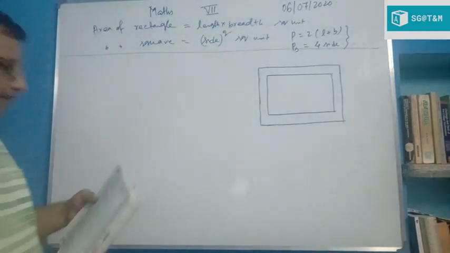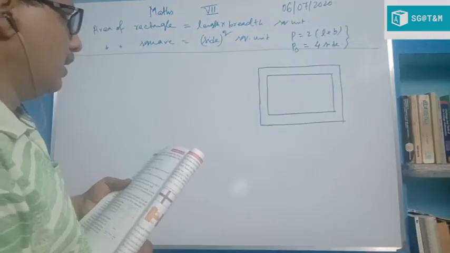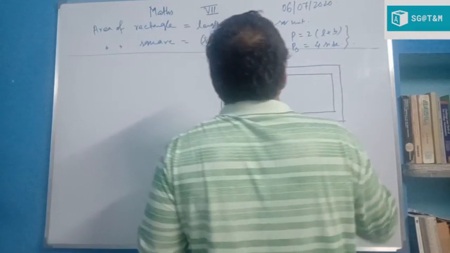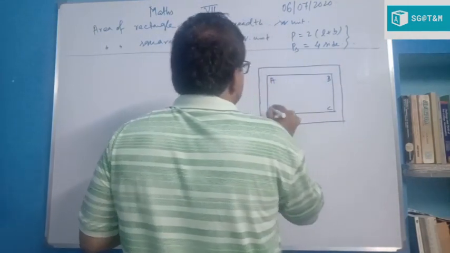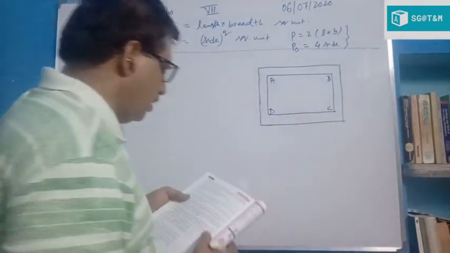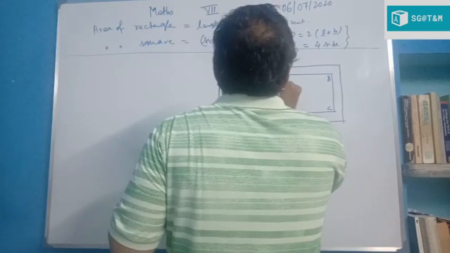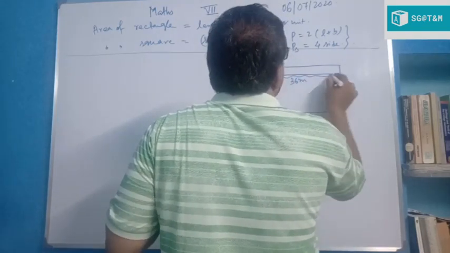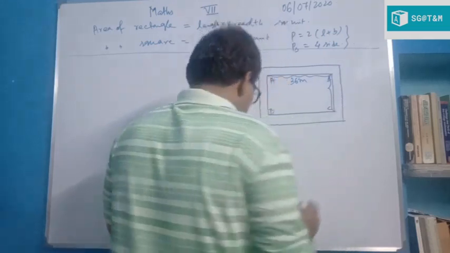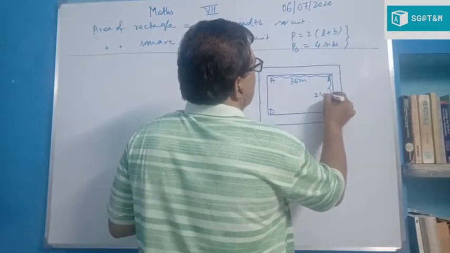3 questions. So it is given that the length of the plot is 36. Suppose this is the figure ABCD inside. First one is a rectangular plot. Length is 36 meter, and the breadth of the plot is given as 24 meter.